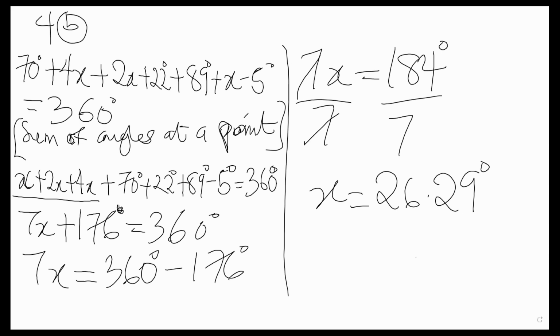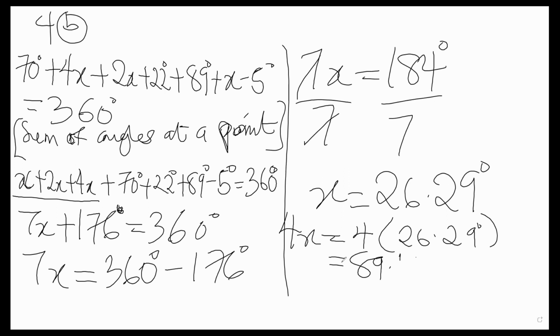So if x is equal to 26.29, the second angle, which is 4x, will be equal to 4 times 26.29, which is 105.16.